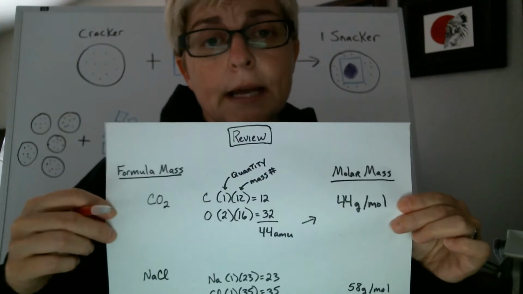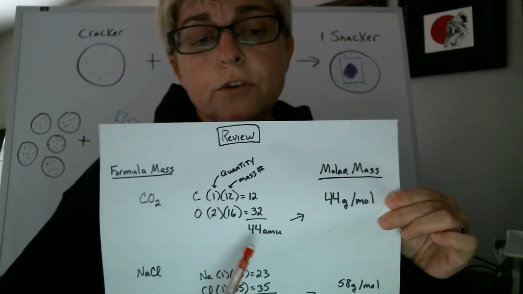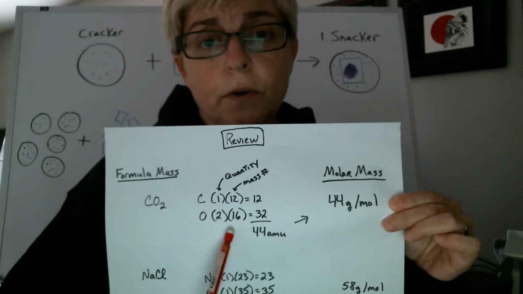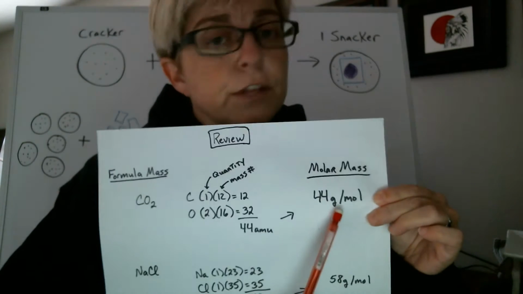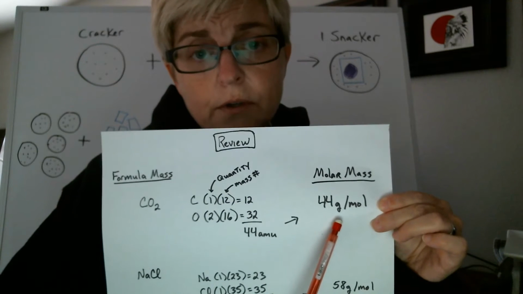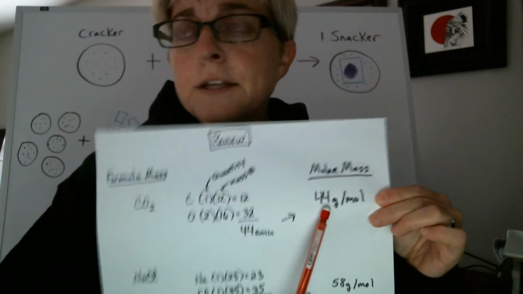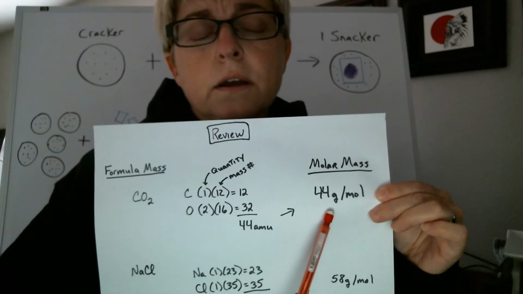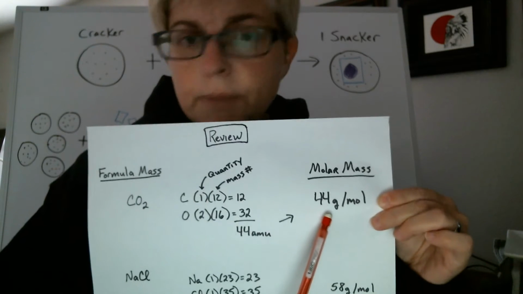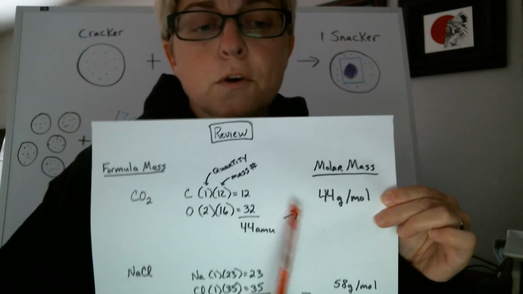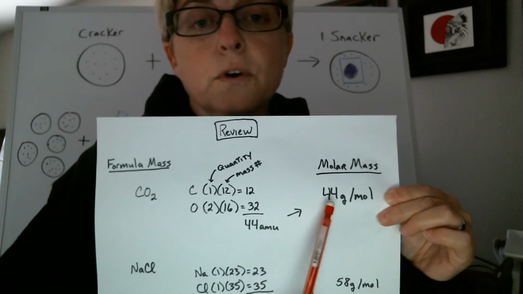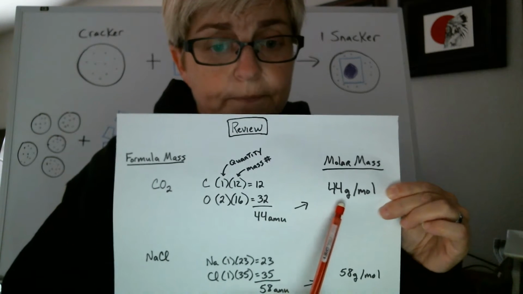To get molar mass, you take your formula mass, that 44, and add the units grams per mole. I know that's terribly hard to do, but just bear with me. So the molar mass of carbon dioxide is 44 grams per mole.